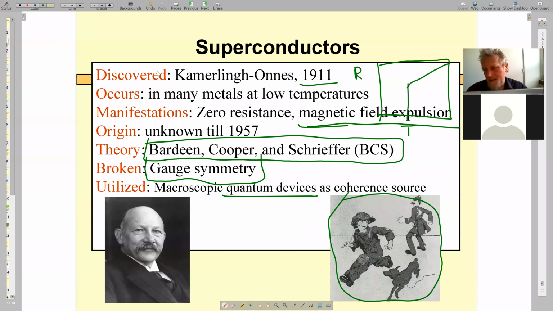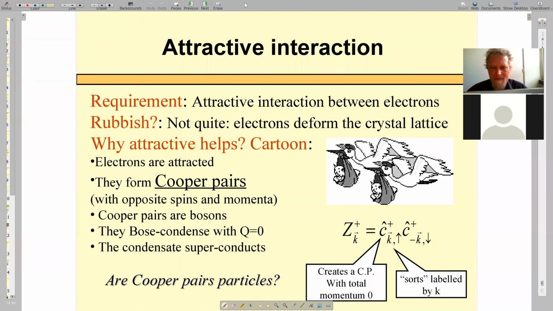Good. That was a general introduction. I guess everybody has heard something about superconductivity. Now let's get to, let me call it, science. We need to understand how it could happen.